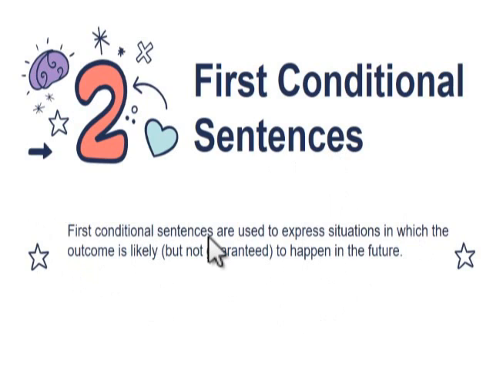The outcome is likely, but it is not guaranteed. It is likely to happen in the future, but it is not guaranteed to happen in the future.